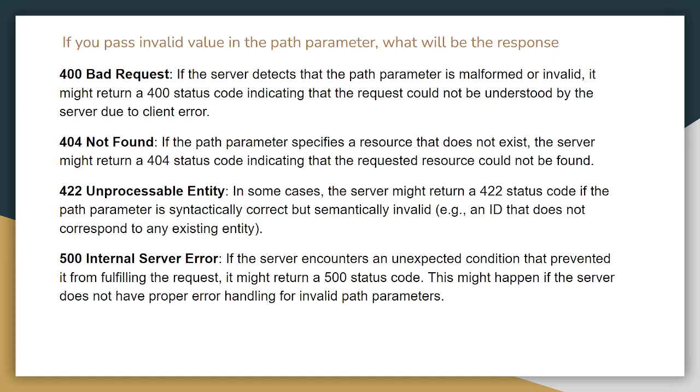And obviously 500 internal server error. If the server encounters an unexpected condition that prevented it from fulfilling the request, it might return a 500 status code. This might happen if the server does not have proper error handling for invalid path parameters. So these are the normal status codes you can verify in your code.